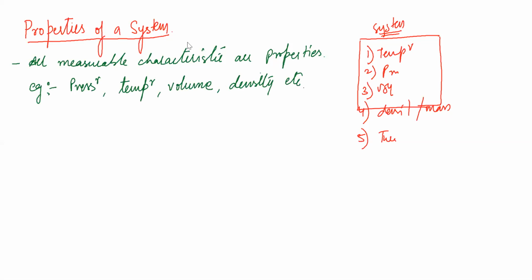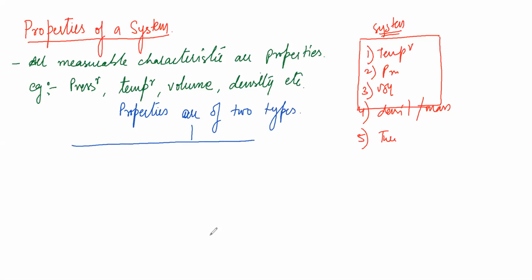Now, these properties are divided into two types. The first is defined as the intensive property, which is also defined as intrinsic property.